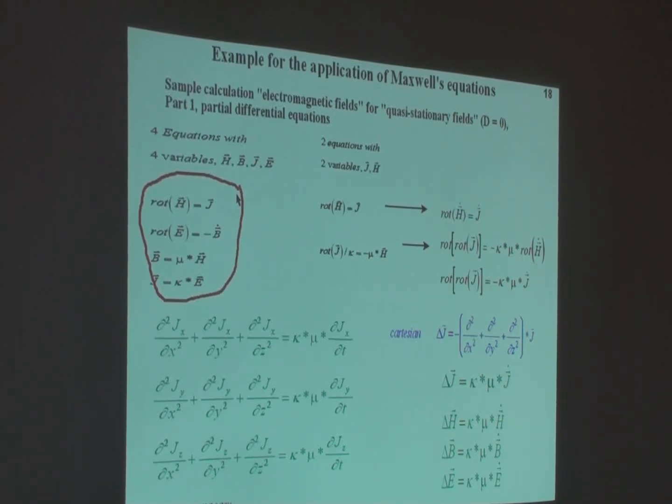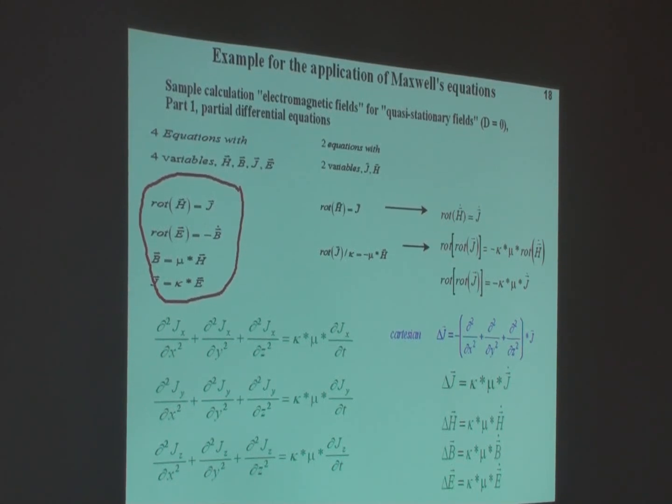If you have a tube like this, you have an outside radius and you have an inside radius, R1.